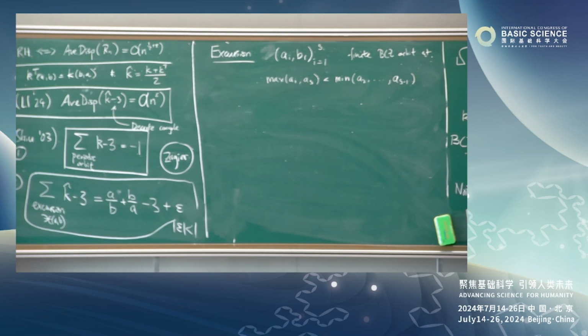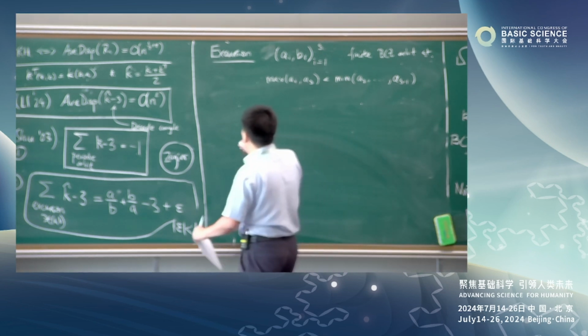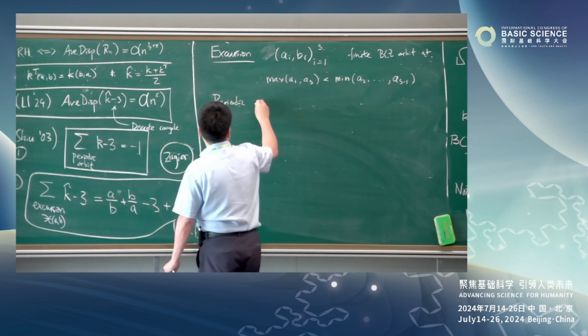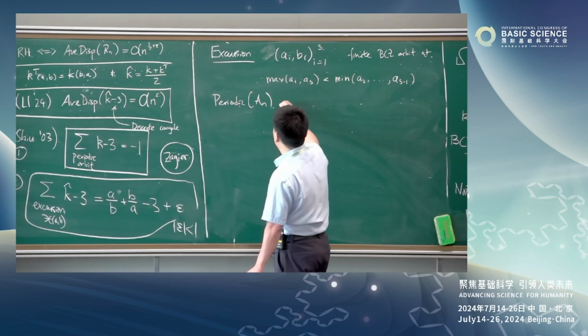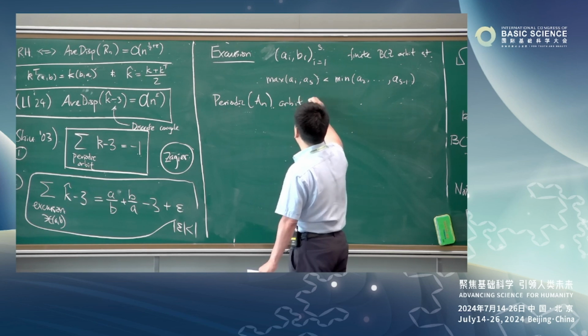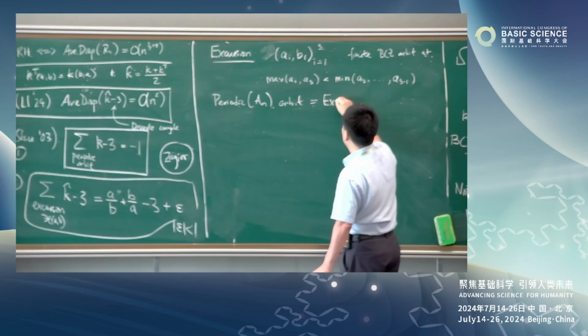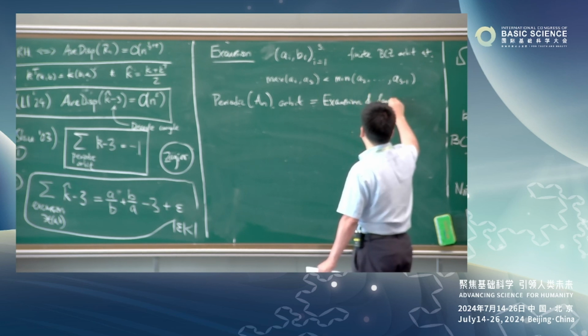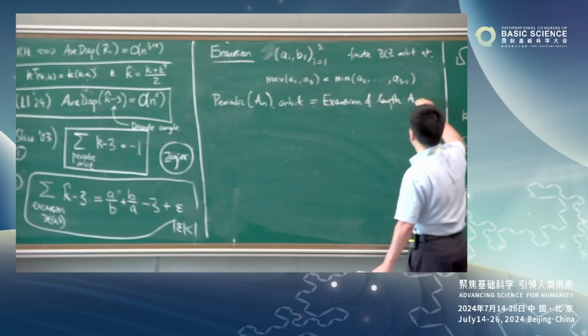So you have to start from the left, you have to do something on the right, and the last point should also be to the left of everything on the right. That's an excursion. And a periodic orbit, if your period is n, is an excursion of length n plus 1.